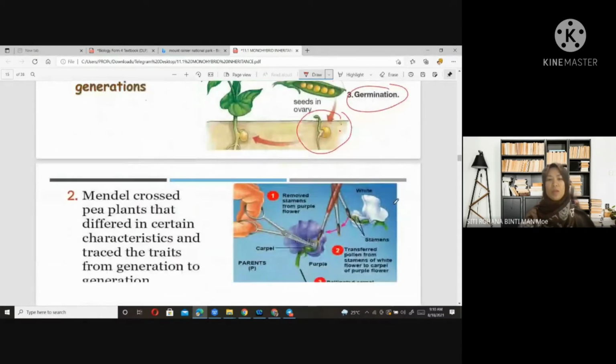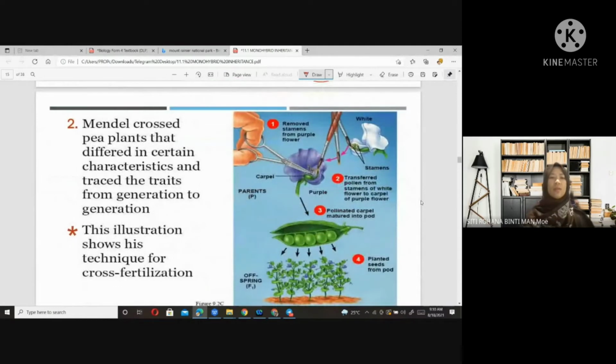Okay, next. Mendel crossed plants that differed in certain characteristics. Okay, and trace the trait from generation to generation. So tengok apa yang Mendel buat. Remove stamen from the purple flower. Okay, artificially. Means that dia guna tangan dia. Okay. Next, he transferred pollen from stamens of white flower to couple of purple flower.